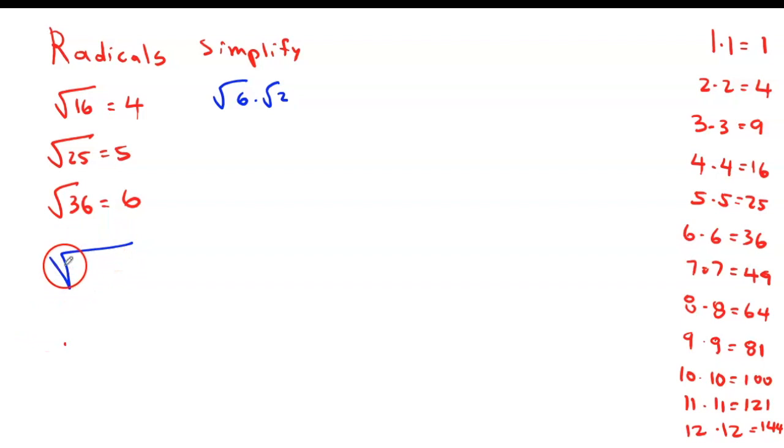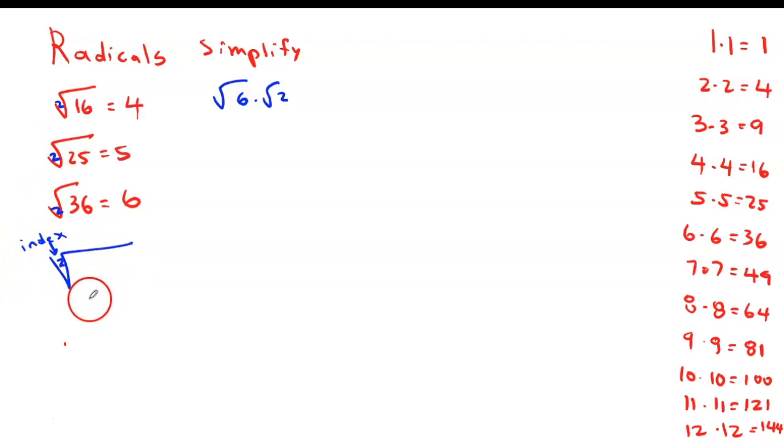The symbol itself is called a radical symbol. Technically, there's supposed to be a tiny little number on here, which is called the index. If there's no number there, you have a 2. That's what we read, square root.